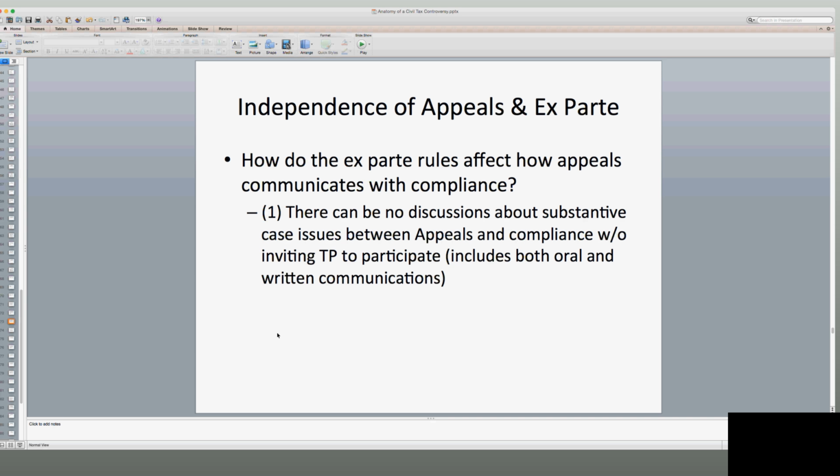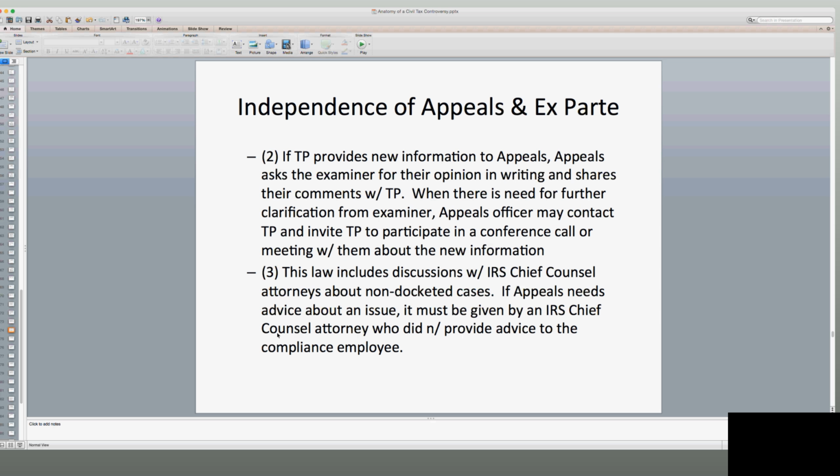I mean, you don't know what was said, and I would say that while the specific language says substantive case issues, I think that there can't be any such thing as a discussion between appeals and an examiner that isn't substantive. So, I would argue strenuously if it ever was revealed that there was an ex parte discussion between appeals and compliance without your being invited in.